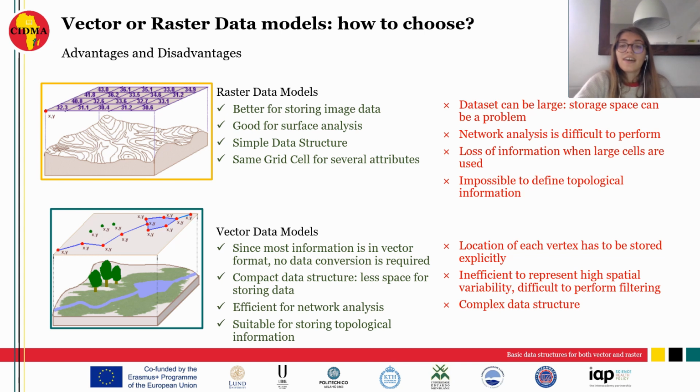Indeed, they need every vertex to be explicitly located, therefore we need to know each coordinate. Also, vector data models are very good for performing network analysis, and they are good for storing topological information, but they are inefficient at representing high spatial variability, and it is also difficult to perform filtering with them, differently from rasters.